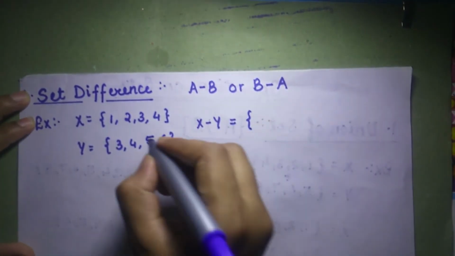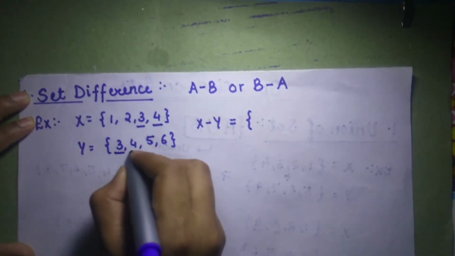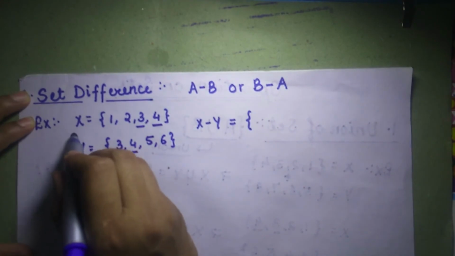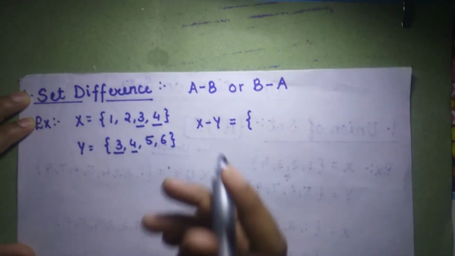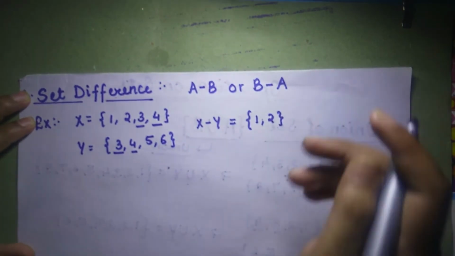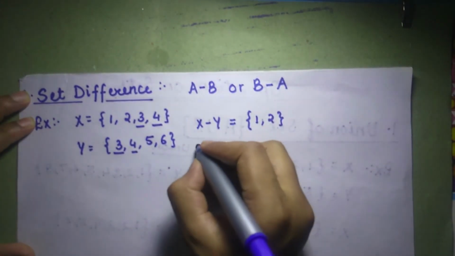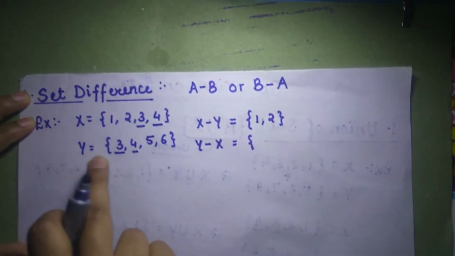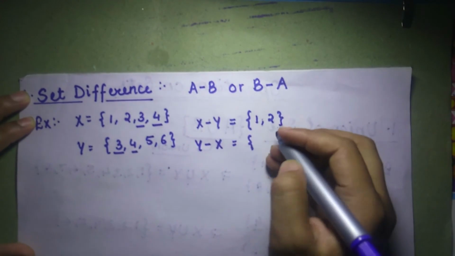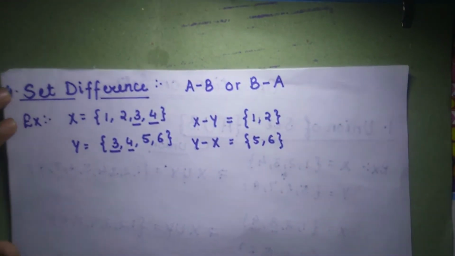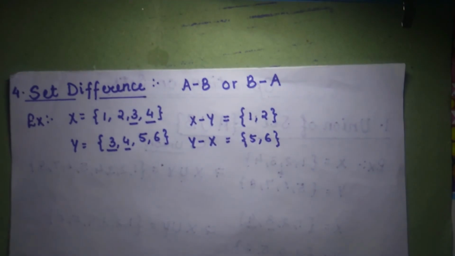These two elements are subtracted from this set, and the answer is the remaining elements in set X. So the answer is 1, 2. But in Y minus X, the answer is the remaining elements in set Y, so 5, 6. I hope you understand all these 4 operations on sets.